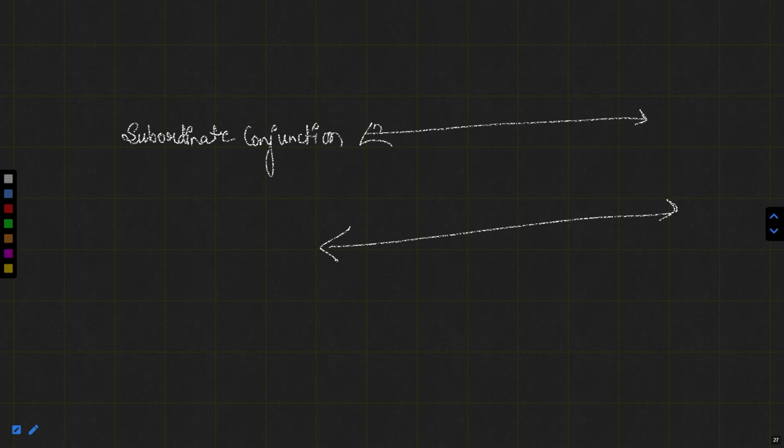Afterwards, you can use any modal, as per the requirement of the sentence. But if this is a subordinate conjunction, we cannot use any modal over here, whether it is as soon as or when, and there are many more.